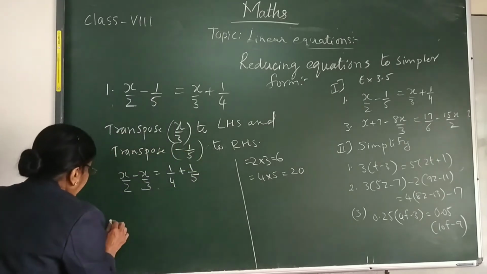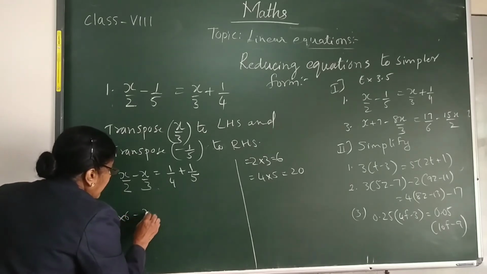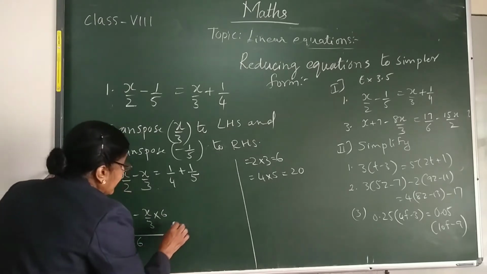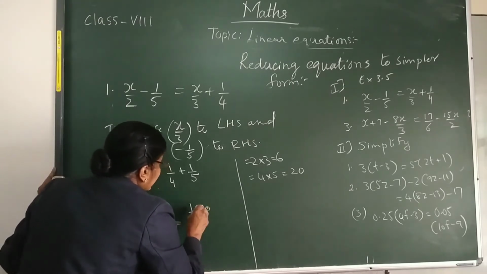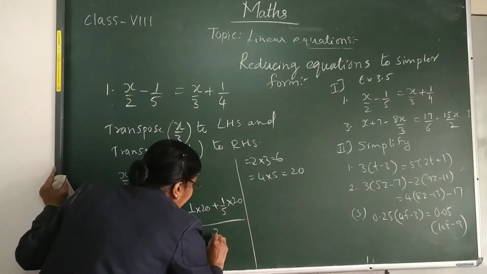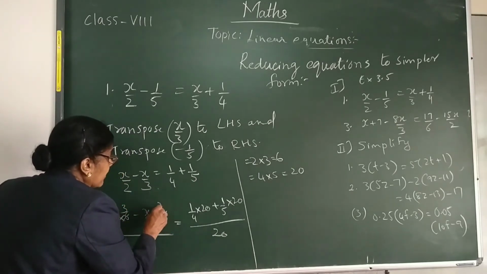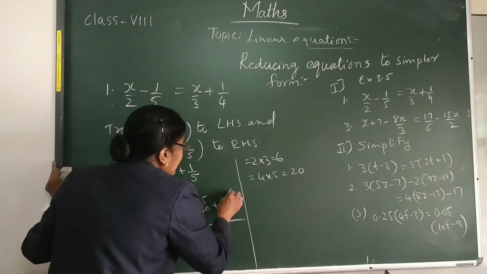So let us solve that. x by 2 into LCM minus x by 3 into LCM, whole divided by LCM, is equal to 1 by 4 into 20 plus 1 by 5 into 20, whole divided by 20. 2 ones are 2, 2 threes are 6, 3 ones are 3, 3 twos are 6, 4 ones are 4, 4 fives are 20, 5 ones are 5, 5 fours are 20.